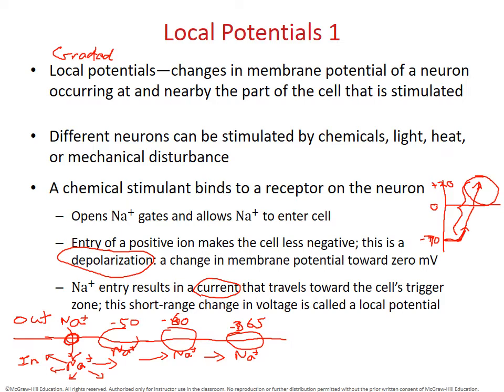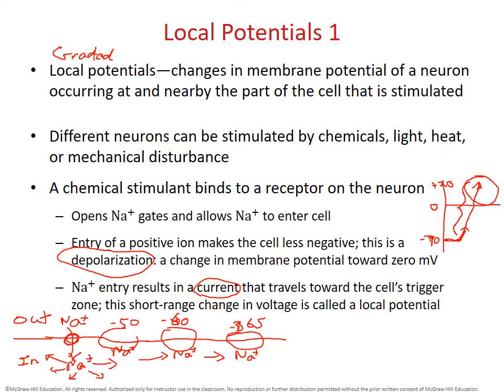Why does it get weaker? Well, first of all, why does this represent it getting weaker? Because notice the degree of depolarization is lessening. I'm getting closer and closer back to -70, which is just plain old resting. So the degree of depolarization is diminishing as I spread away from this point at which the graded potential occurred.